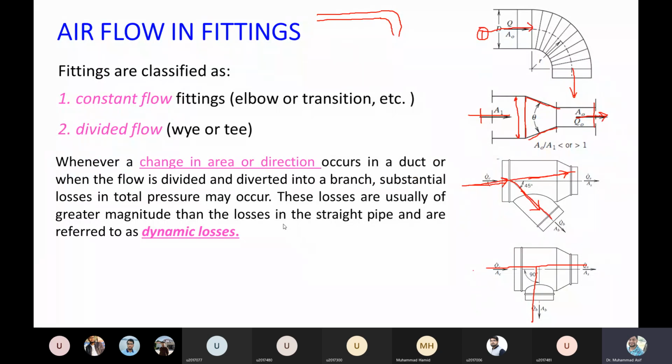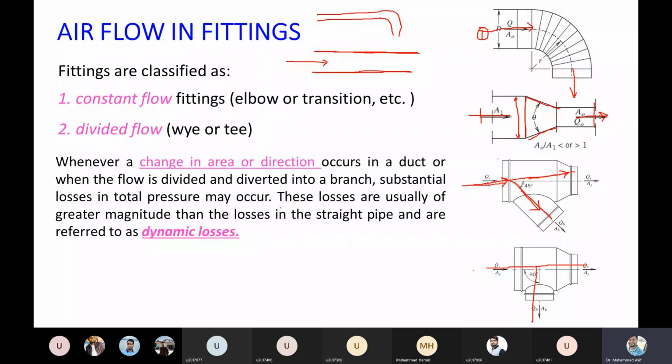Basically, when we compare the pressure loss, let's say there was a straight duct, the pressure loss in a straight duct is a result of the friction. When we compare the pressure loss in a fitting, let's say in an elbow, a transition, or a Y fitting, that is much larger than the loss in a straight duct.